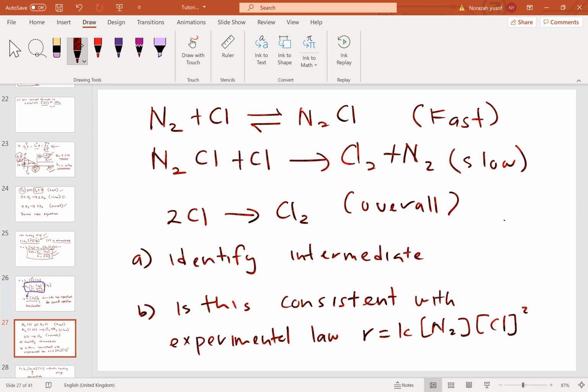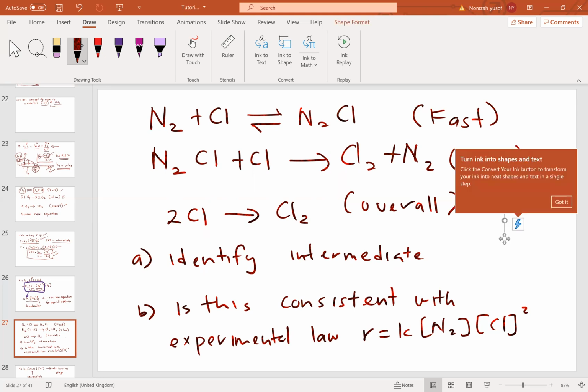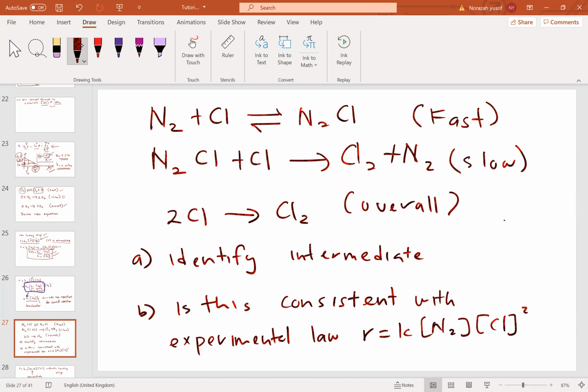And we have a slow reaction, N2Cl plus Cl forming Cl2 plus nitrogen, N2. And the overall reaction, we can see that it is 2Cl forming a chlorine molecule, Cl2.